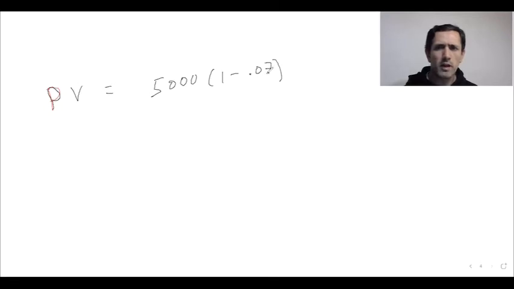Your effective annual discount rate is 0.07, so it's 5,000 times (1 minus d) to the, well, 3 1/4 years is 3.25. So you just plug into your calculator. This is 3,949 and 48 cents.